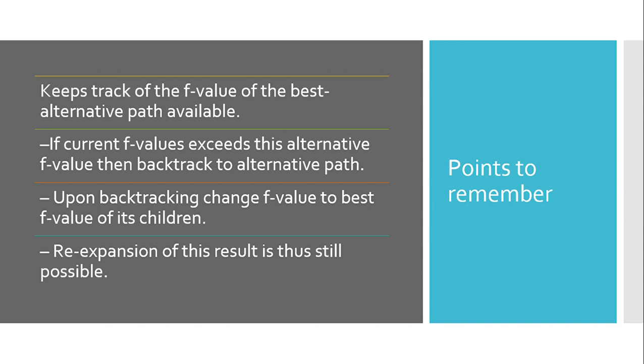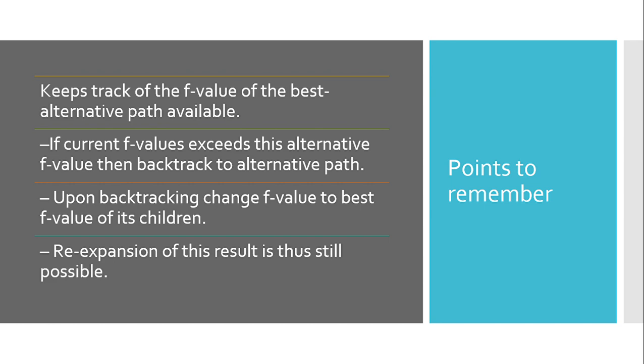It keeps track of the f value of the best alternative path available. If the current f value exceeds this alternative f value, then backtrack to the alternative path. And upon backtracking, change the f value to the best f value of its children, and re-expansion of this result is thus still possible. So these are the main points to remember.